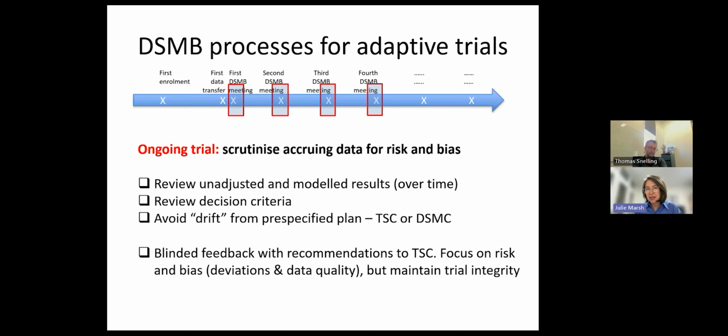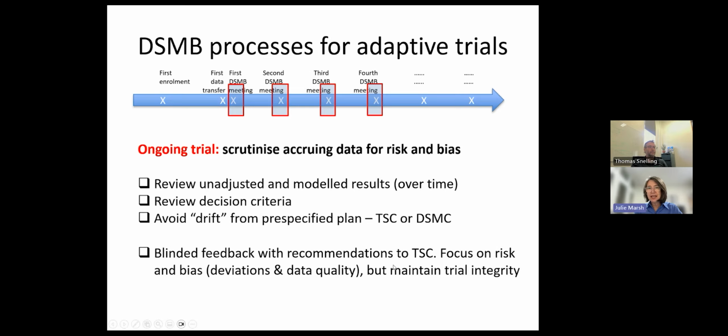When I talk about the efficacy, there's the unmodeled or the unadjusted rate. So if you look at raw proportions in the different time periods as a trial progresses, you can see whether that has been maintained. So it moves to that sources of bias. And as Tom mentioned earlier, you may accrue different patients at different points in the trial's history.